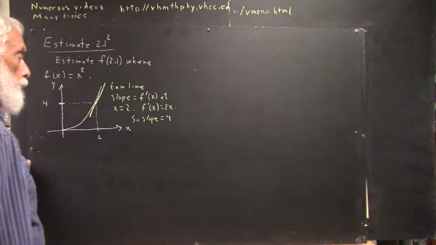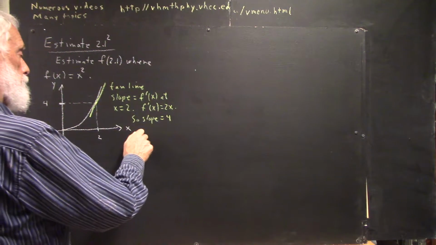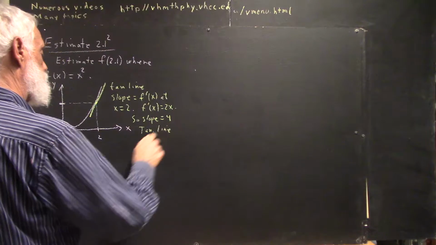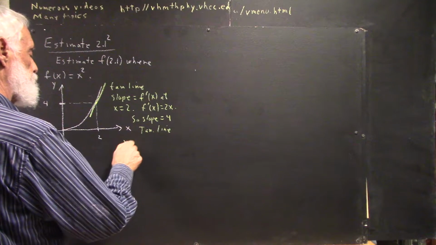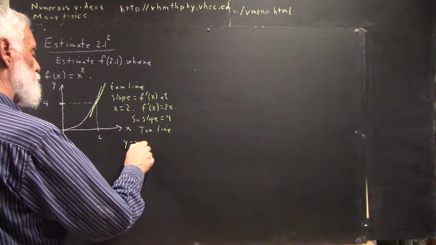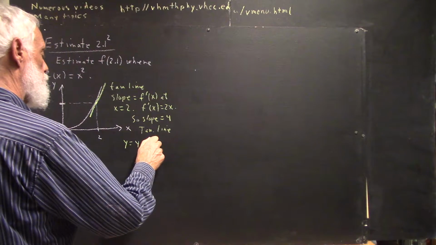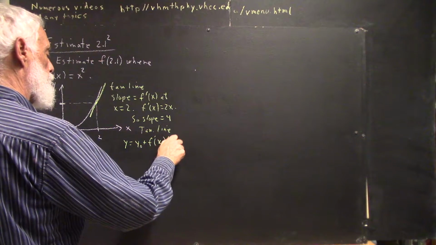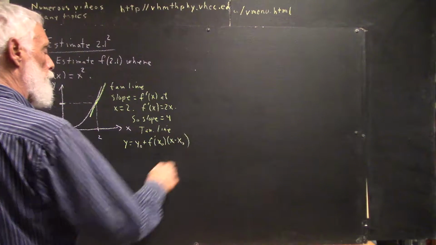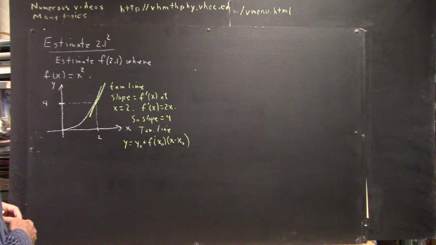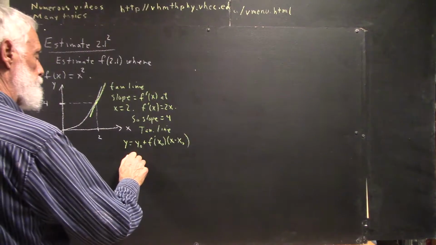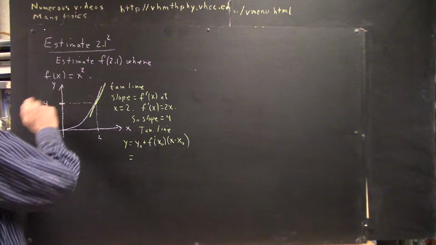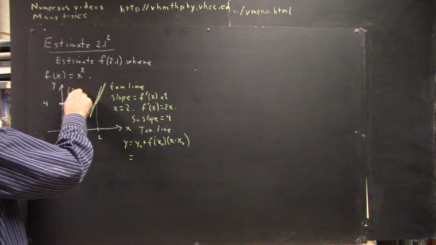So the slope is 4. Now, the tangent line is therefore y minus y naught equals f prime of x naught times x minus x naught, y naught being the y value at the known point, which is 2,4.